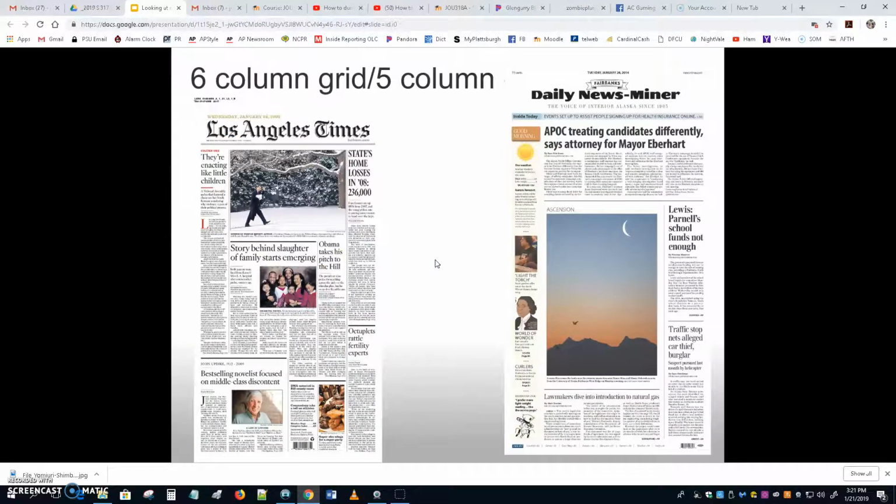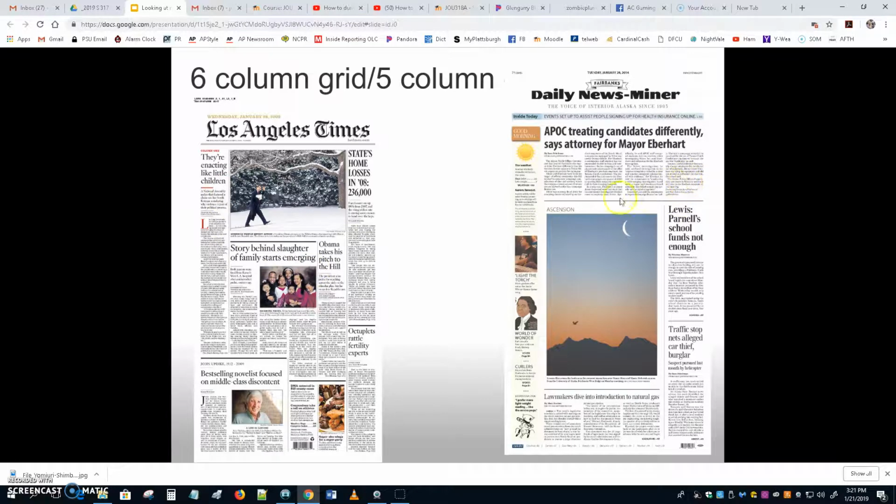Okay, to continue with the more technical stuff, we can also look at newspapers, for instance, for the grid that they're using. How many columns? How is the underlying structure of the page broken up? Is it broken up on 1, 2, 3, 4, 5, 6 columns, as this LA Times pretty obviously is?